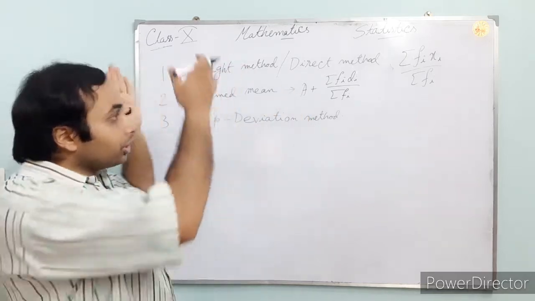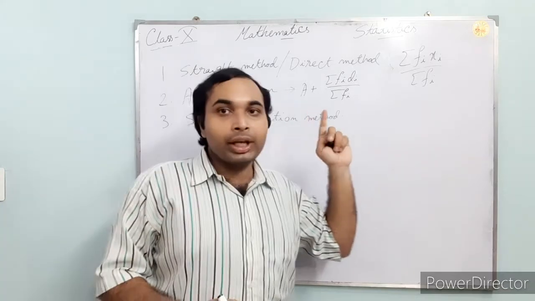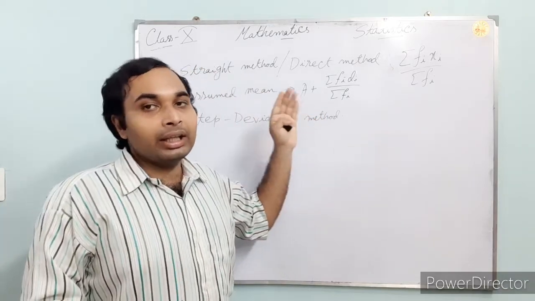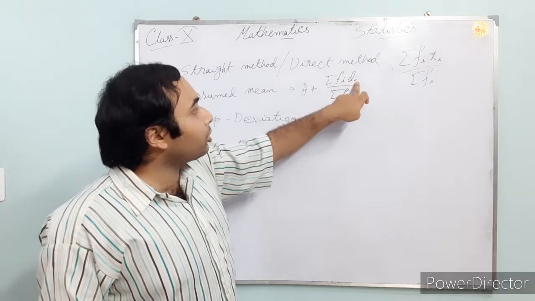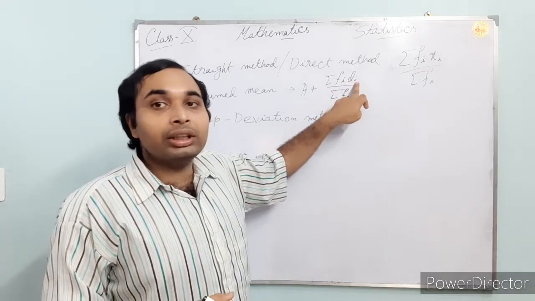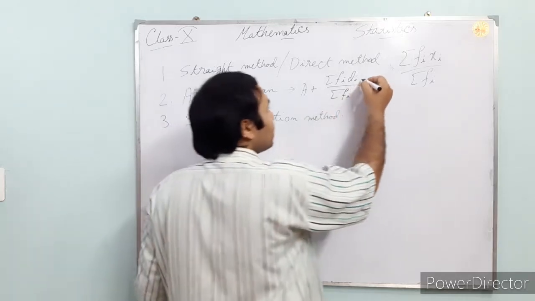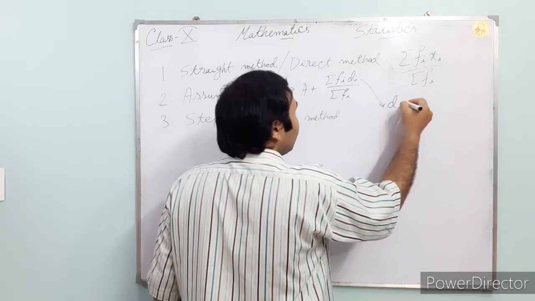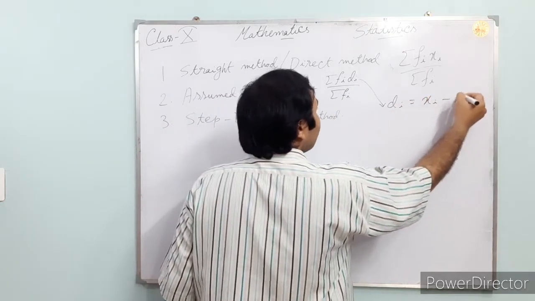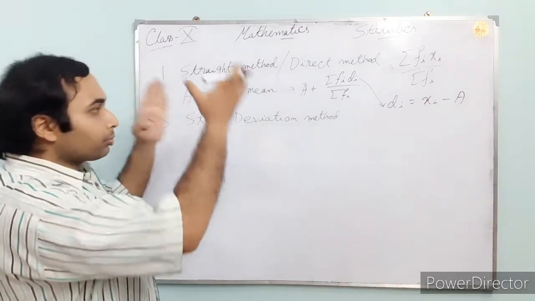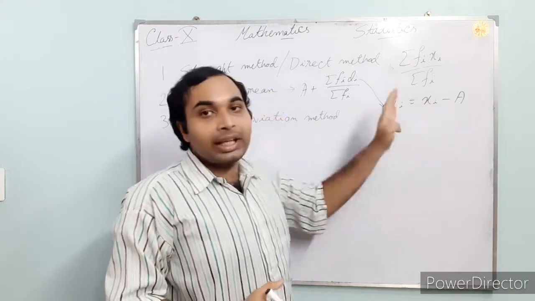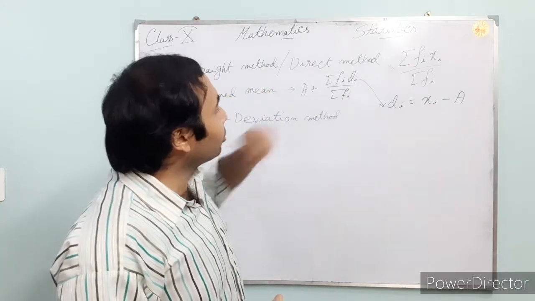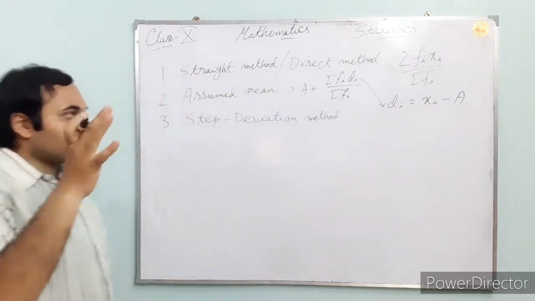That means within those mid values we have to take one mid value as the assumed mean, and then apply the formula. Here instead of xi, di is there. di means xi minus a for the corresponding mid values. You have to find all the xi minus a, and then apply the formula.